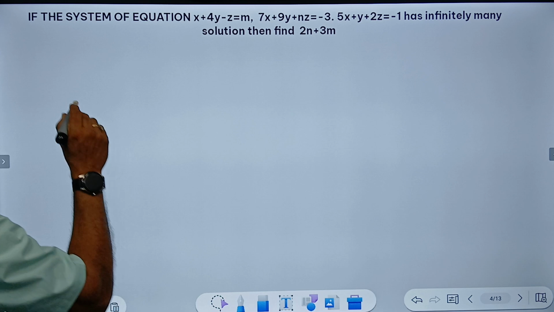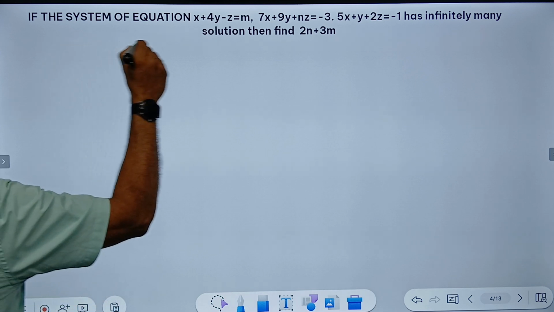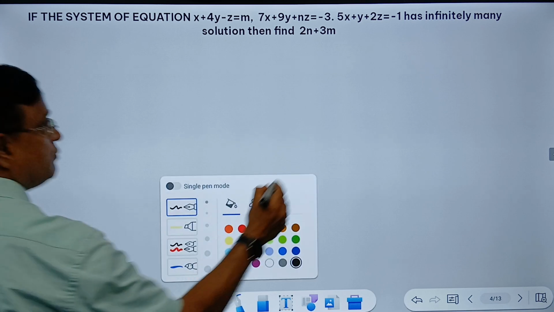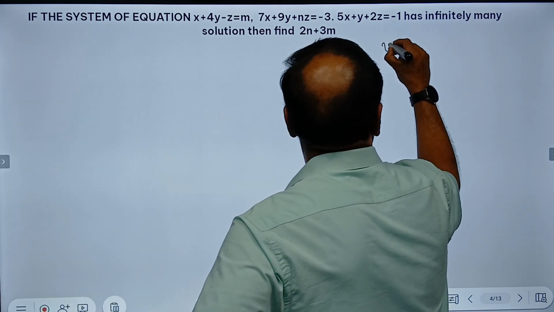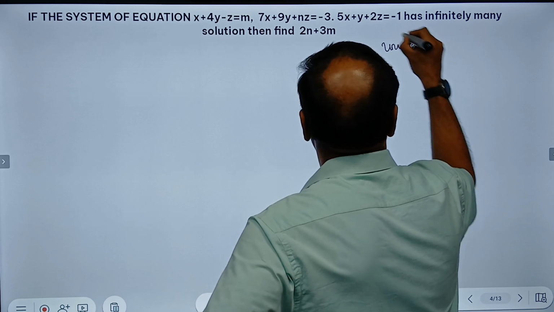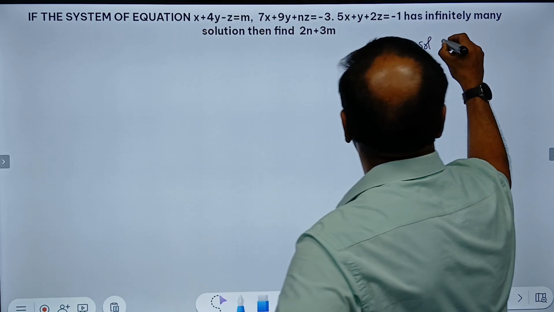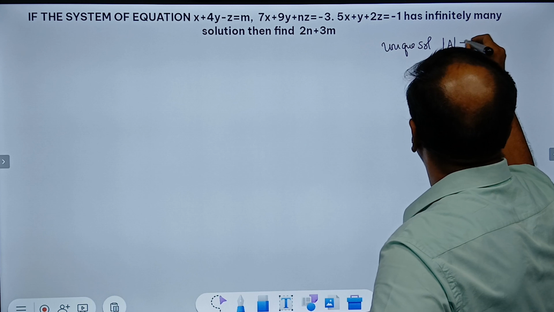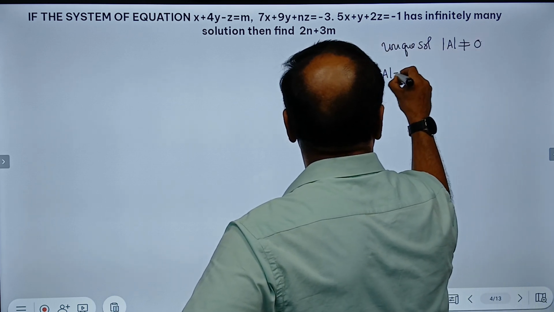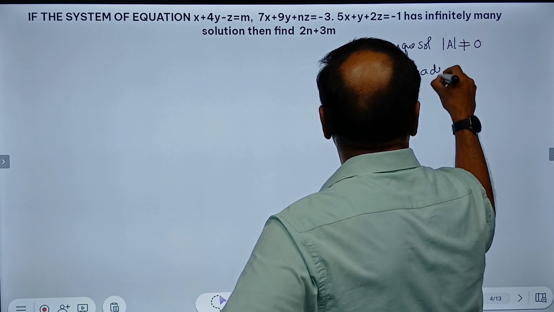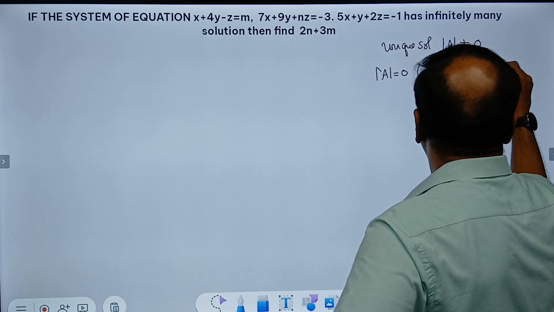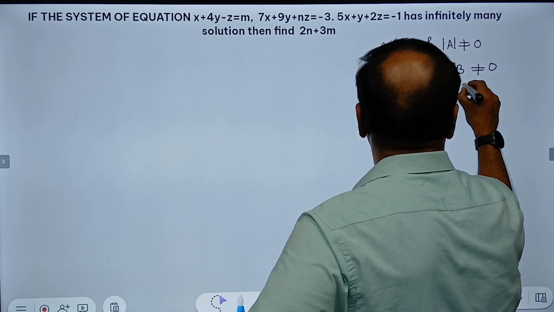For that, first you should know the formulas. If a system of equations has a unique solution, assuming that I put it in the matrix form, my determinant A will not be 0. If my determinant A is 0 and if my adjoint of A into B is not 0, then I can say it has no solution.